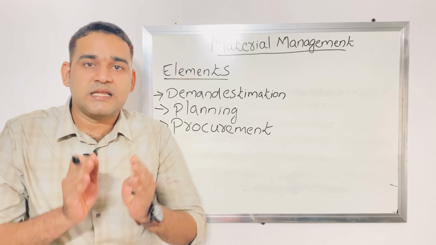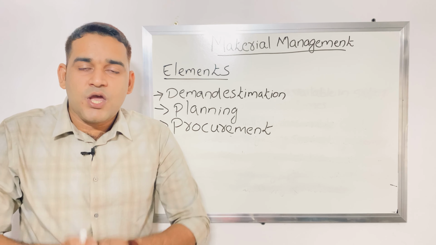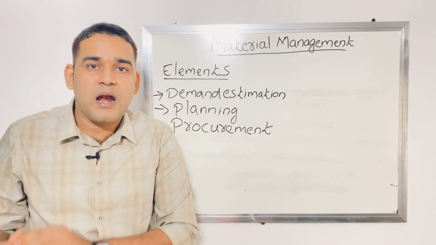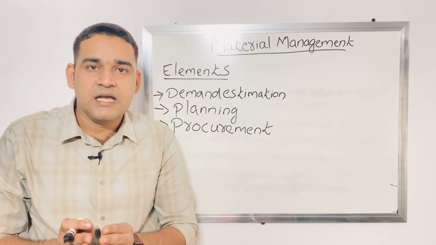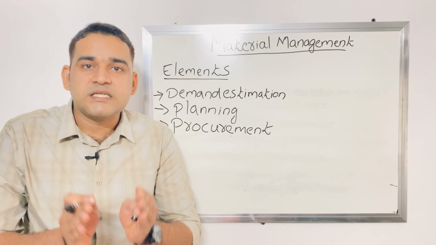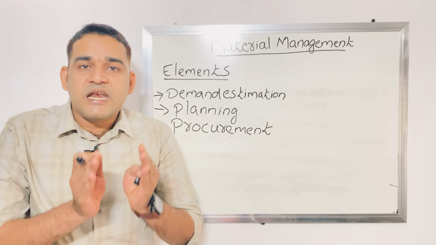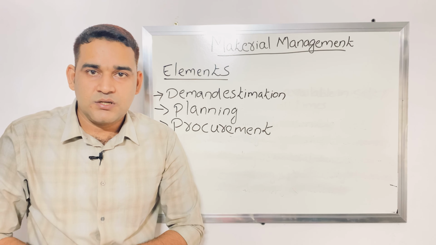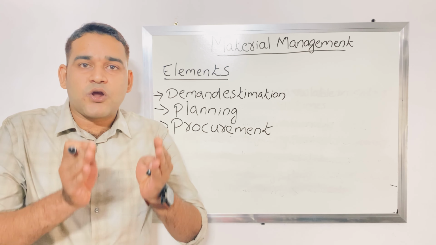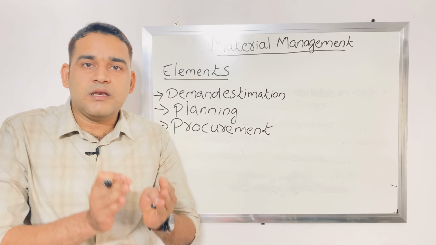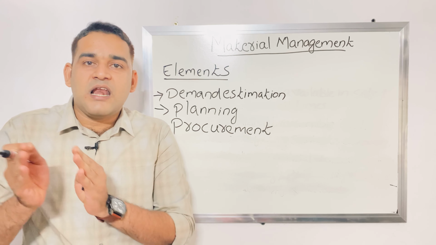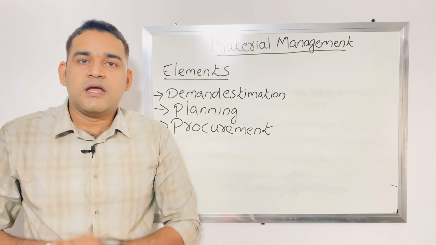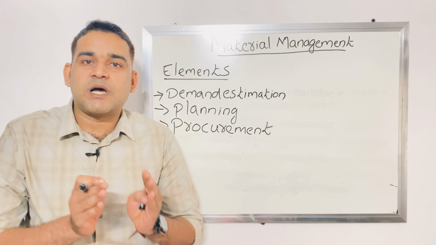You already planned the things, and you are buying the goods on a large scale. That is procurement, the next element of material management. Okay, next one is selection of suppliers.